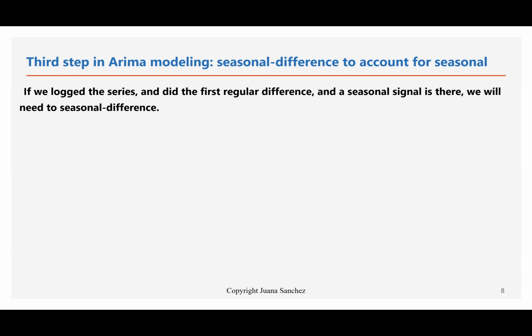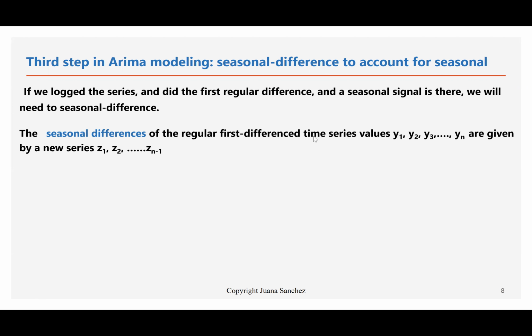We logged the time series and did the first regular difference because there was a trend in the mean, and there is a seasonal signal, so we will need to do what is called seasonal differencing. Seasonal differences are very similar to regular differences, but the lag by which we difference is different, right? So it has to be according to the season.